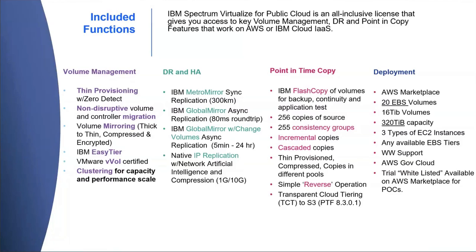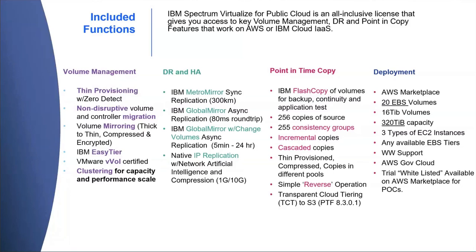And on AWS, which we're going to focus on in this session, the product is on AWS Marketplace, and I'll show you that. We can support up to 20 backend EBS volumes on a cluster in AWS. The volumes can be up to 16 terabytes, and so you get 320 terabytes of actual capacity per cluster. There are 3 types of EC2 instances.